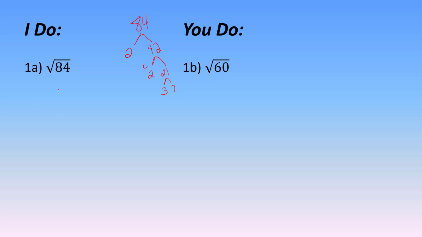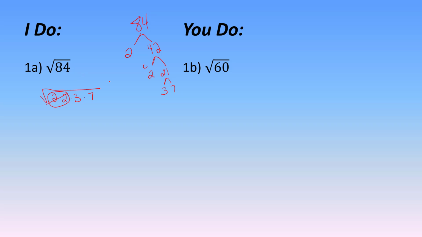So we could, if we wish, rewrite the square root of 84 as the square root of 2 times 2 times 3 times 7. And hopefully you realize that 2 times 2 is 4 times 3 is 12 times 7 is 84. Now your directions told you to find your pairs. So in the radicand, I see that I have a pair of 2's.